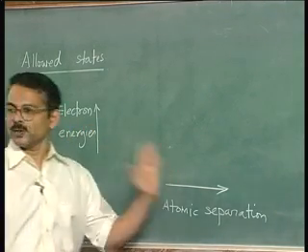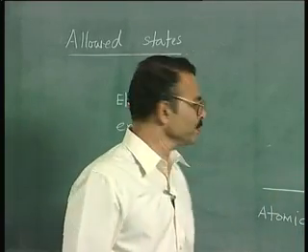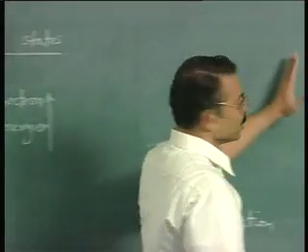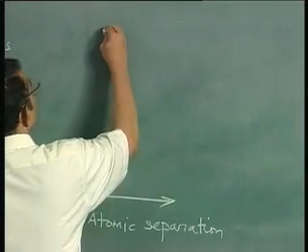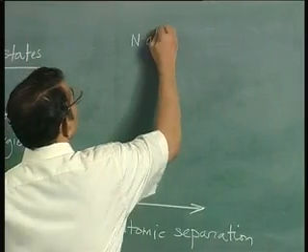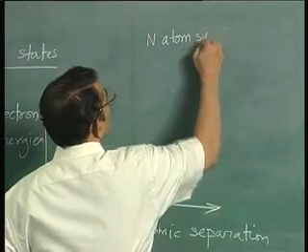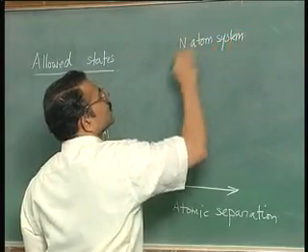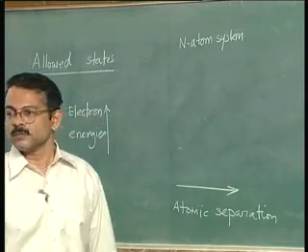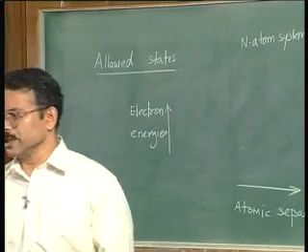How will this picture look like? Okay. So let me build up this picture. We are trying to plot it for an n atom system. All n atoms are regularly arranged.